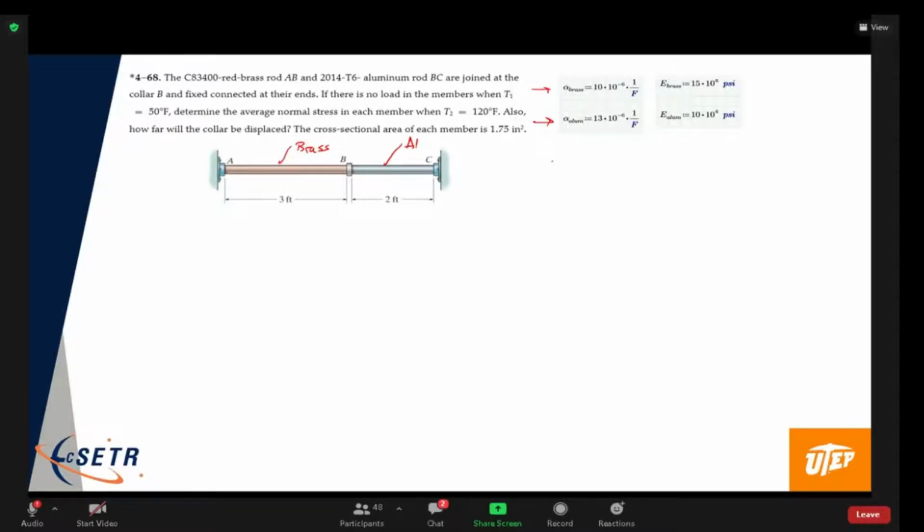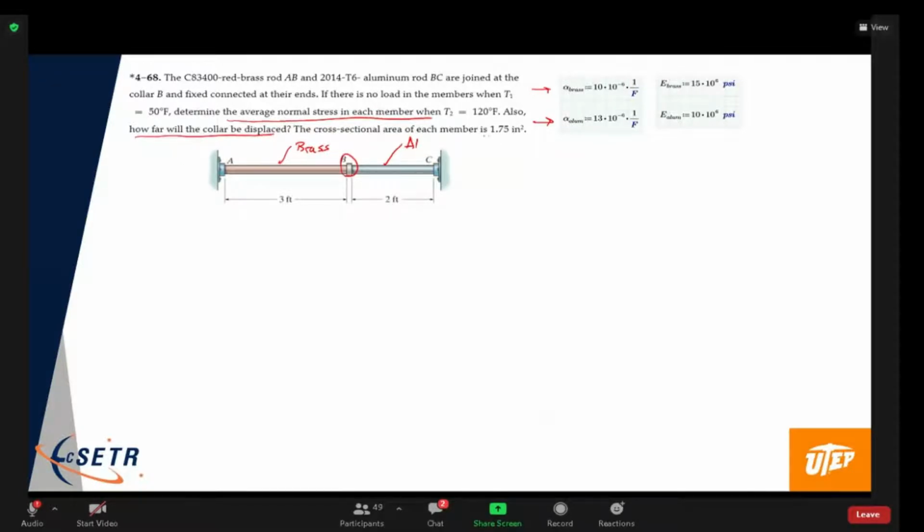All right. Now it's fixed at the 2 ends, A and C. And what it wants us to do is find the average normal stress in each element. And then also find out how much this collar, point B, is displaced, okay?